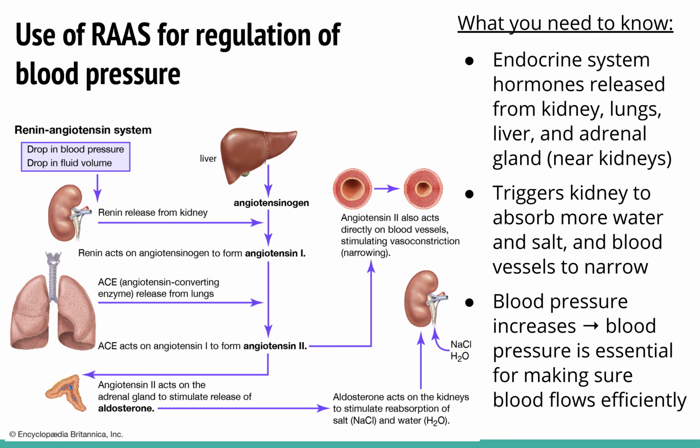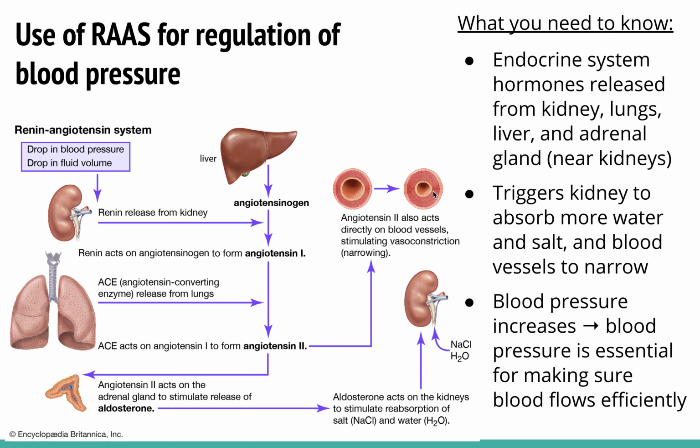So just know it's an endocrine system, which means it uses a lot of hormones, and a lot of these hormones that help affect our blood pressure come from our liver, from our kidney, that's renin, and from our lungs, which produce ACE. All these things can trigger the kidney to absorb more water and salt, and also trigger your blood vessels to go from big and wide to more narrow.